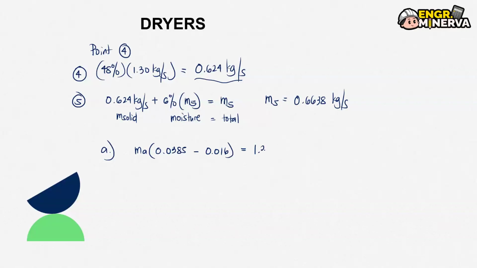Right? 1.3. 0.624 is the solid. 1.3 minus 0.6638.